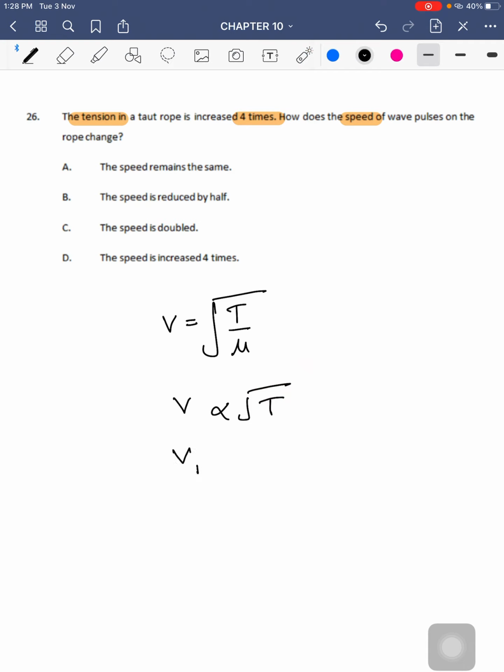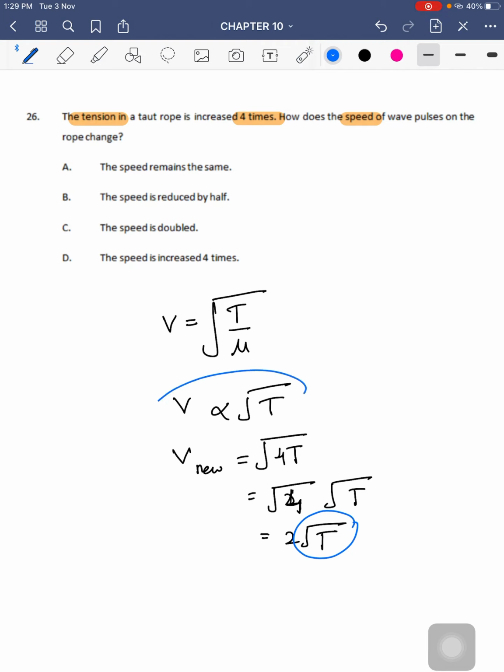So the new V, let's say V new, equals the square root of 4T. If we simplify, the square root of 4 is 2. So V new equals 2 times the square root of T. So here the square root of T is V, isn't it?